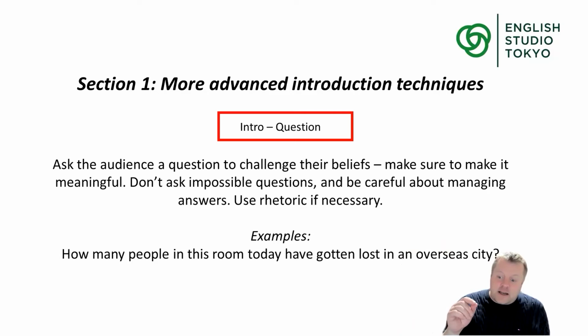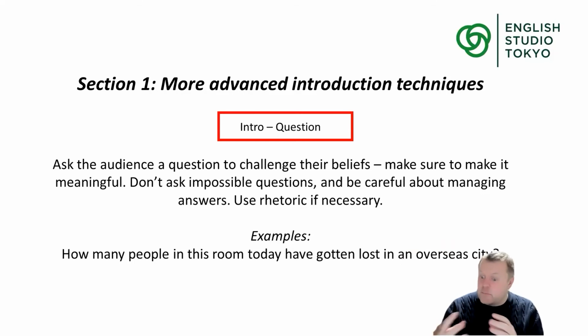So if you are going to ask a question, you need to do 2 things. Number 1, you need to make it meaningful. Make sure the question actually challenges the audience and makes them think about something that we want to solve or is connected to the purpose of the presentation. But also try to manage your answers.